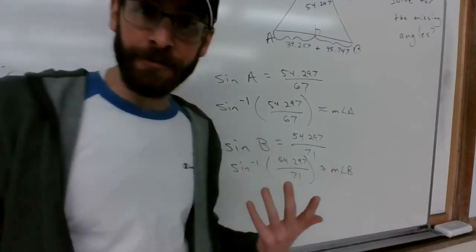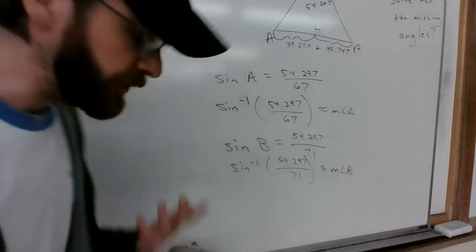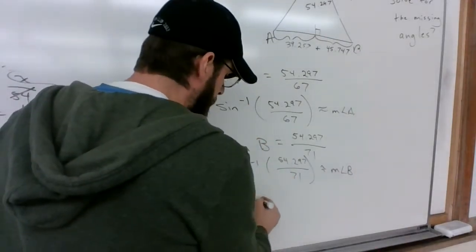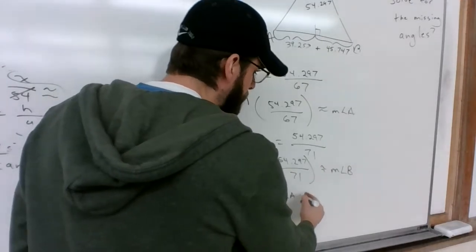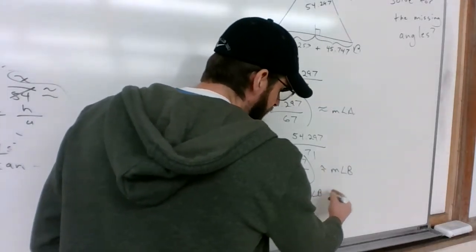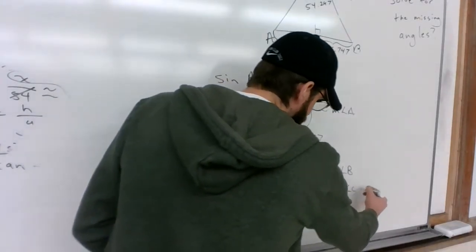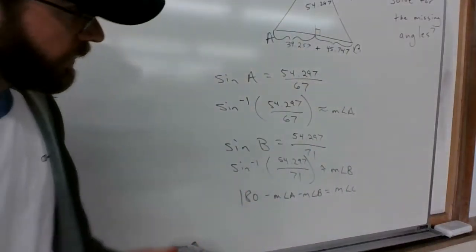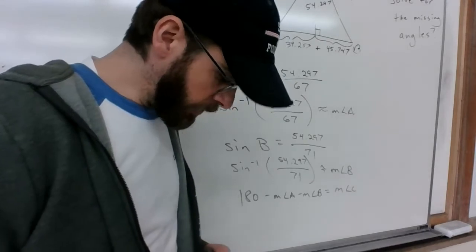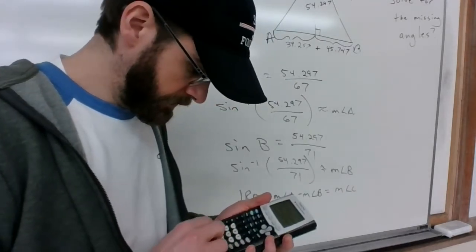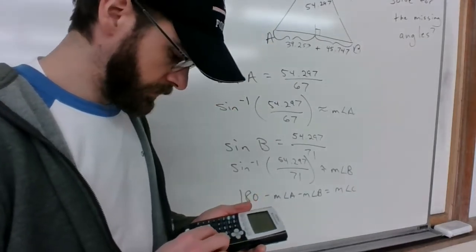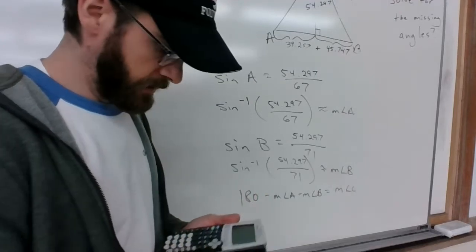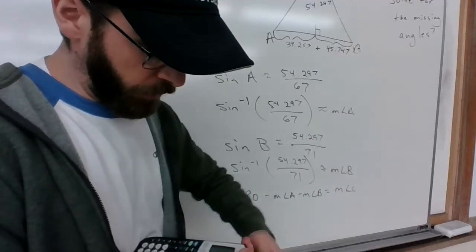All right, and then lastly, if we're looking for the measure of angle C, you just take 180 minus the measure of angle A minus the measure of angle B, and that will equal the measure of angle C. So our calculators, don't fail us now, we're almost done. All right, first one is 54.135 degrees.